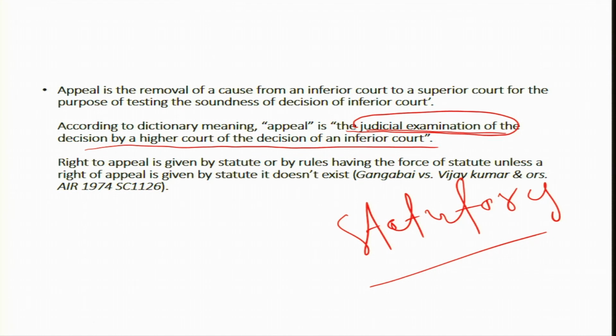The higher court, or the appellate court, will examine the authenticity, validity or soundness of the decision given by the lower court. The appellate court will judicially examine the decision, whether all the evidence has been appreciated by the lower court or not, whether issues have been framed properly or not, whether there is a preliminary disposal or not.